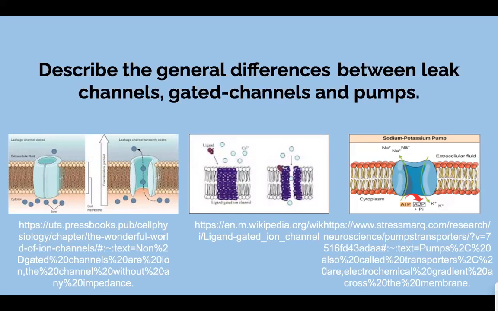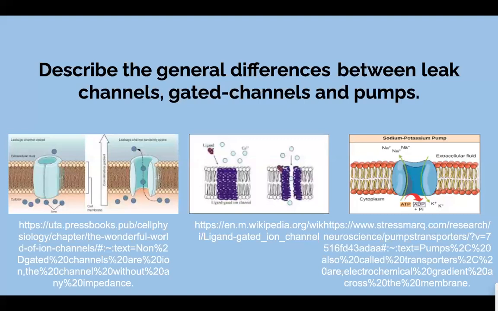Regarding regulation, pumps are regulated by factors such as the availability of energy in the form of ATP, ion concentrations, and other cellular signals. For selectivity, pumps also exhibit selectivity, typically transporting specific ions or molecules across the membrane.